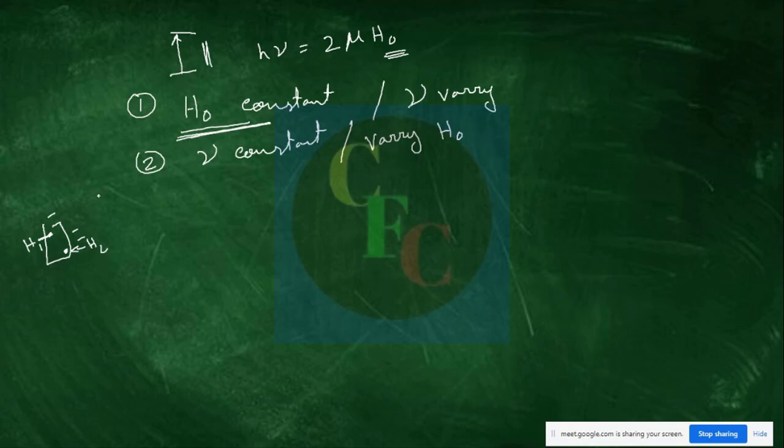So the spectral absorption lines will be very broad, right? This is not our desire. So the main thing is the magnetic field should be very homogeneous. Now it has been found that it is very difficult to have a constant, homogeneous magnetic field.